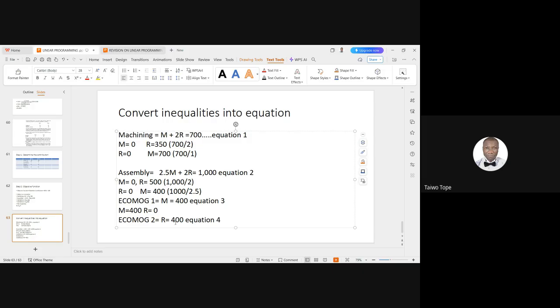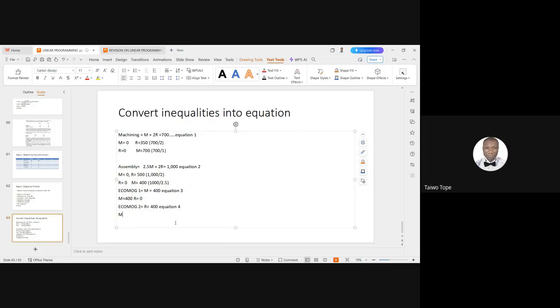So the point is this: when M is 0, R is what? R is equal to 400.